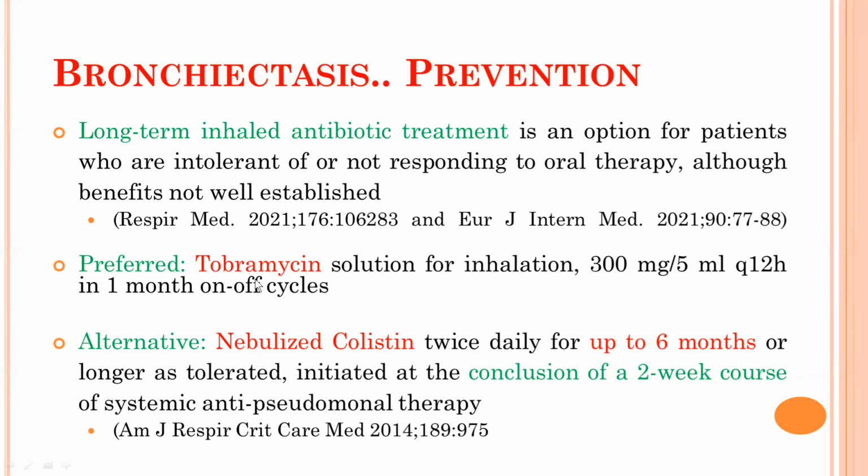The preferred therapy is tobramycin solution for inhalation in a 1 month on-off cycle. Alternative therapy is nebulized colistin twice daily for up to 6 months or longer as tolerated, initiated at the conclusion of a 2-week course of systemic anti-pseudomonal therapy. Reference is given here.